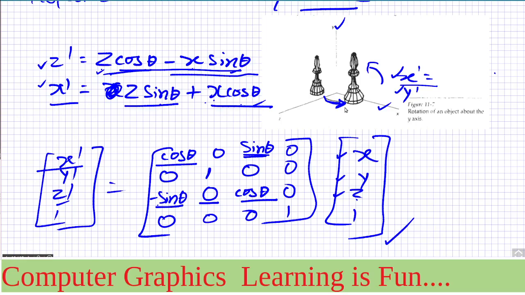Now one important thing comes to our mind, the general rotation that we had been doing in two dimensions also.